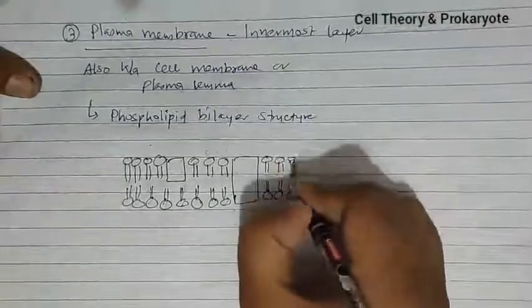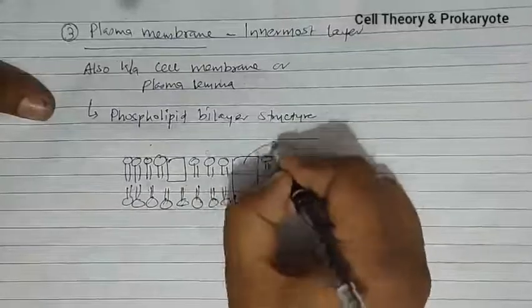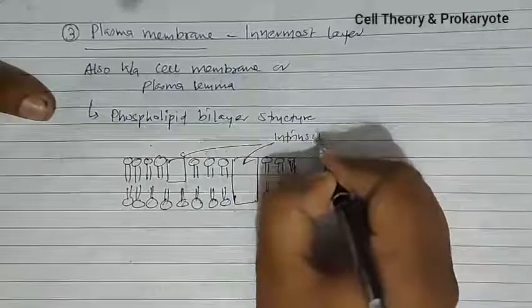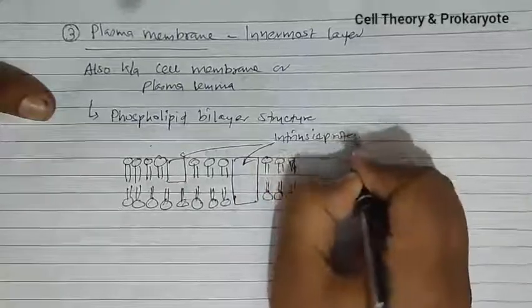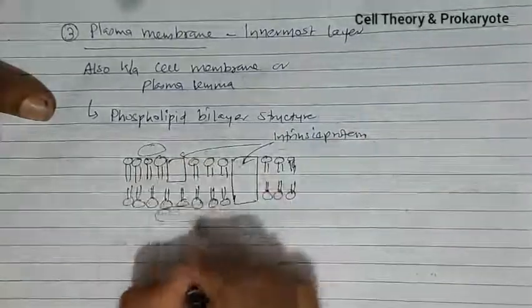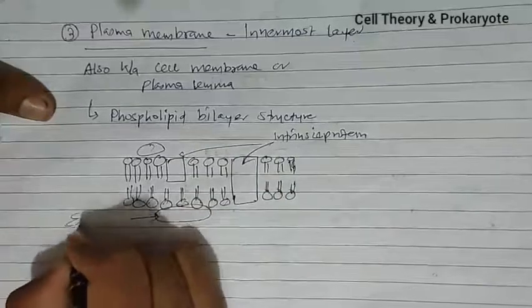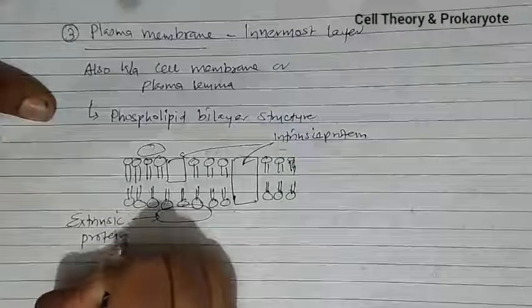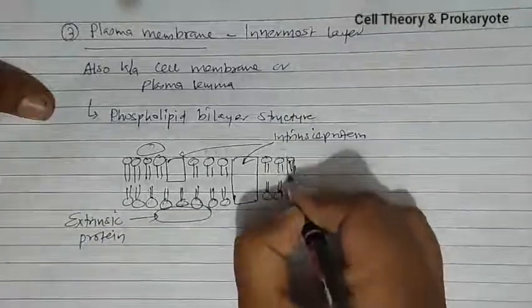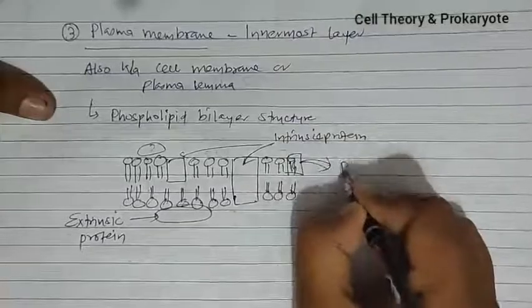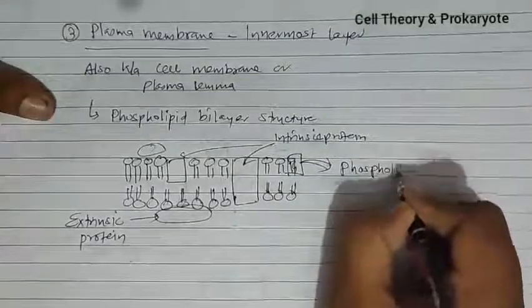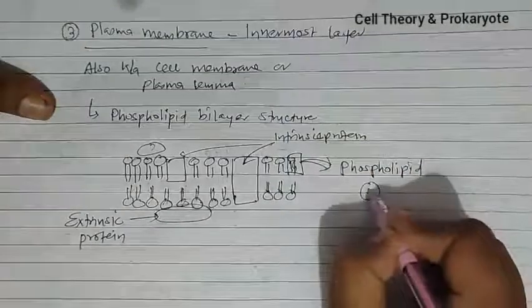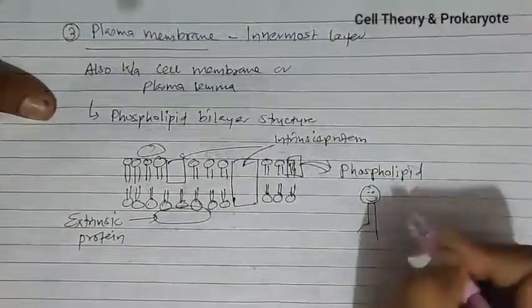So particularly these are the intrinsic protein, there is some extrinsic protein, and they have this structure that is of phospholipid. Now in this phospholipid, if you see the structure, you will find like this.